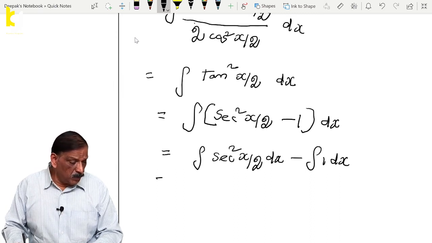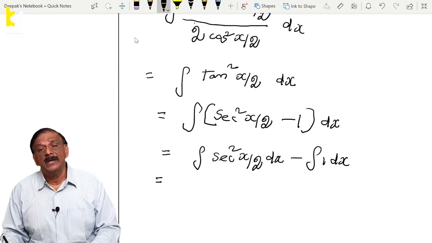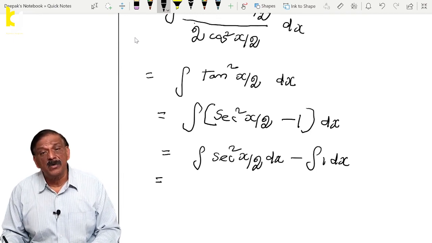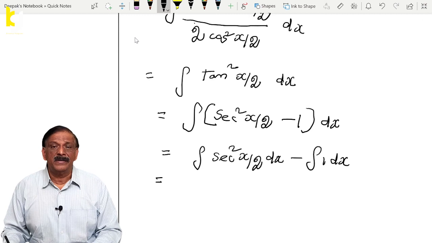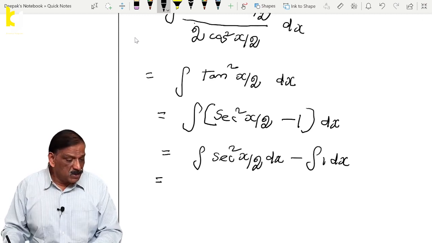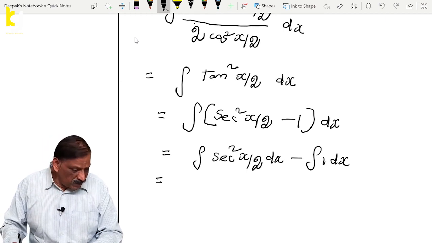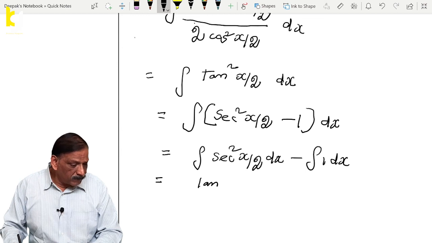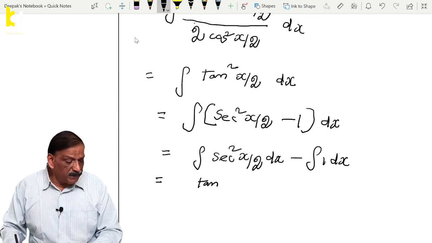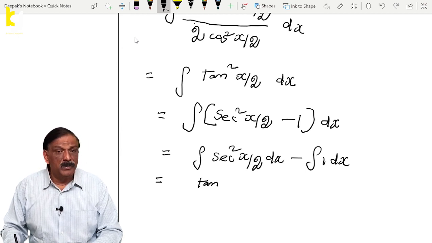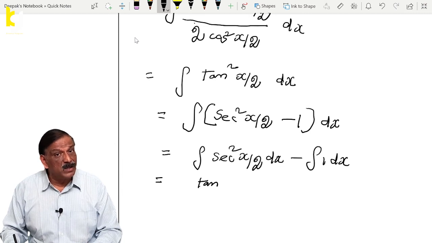That is equal to, we know d by dx of tan x equal to secant square x. Therefore, integral secant square x equal to tan x. So here integral secant square x by 2, so this is equal to tan x by 2, because d by dx of tan x equal to secant square x.